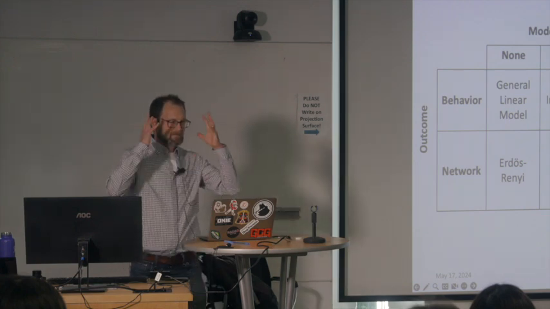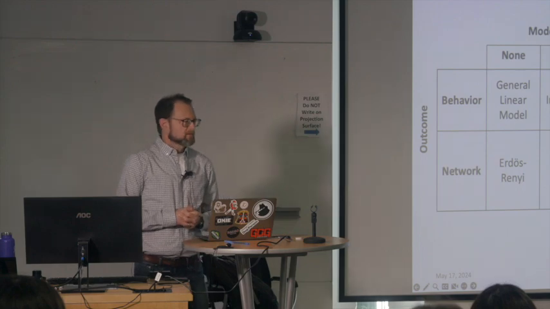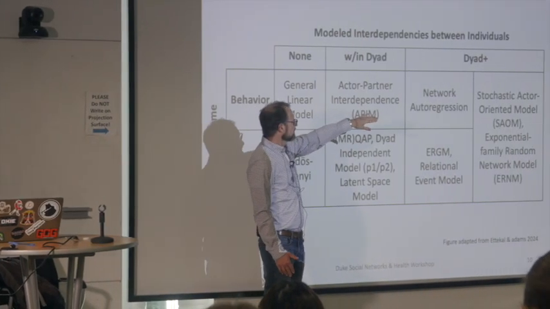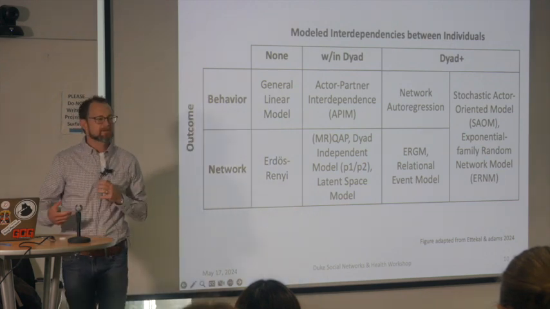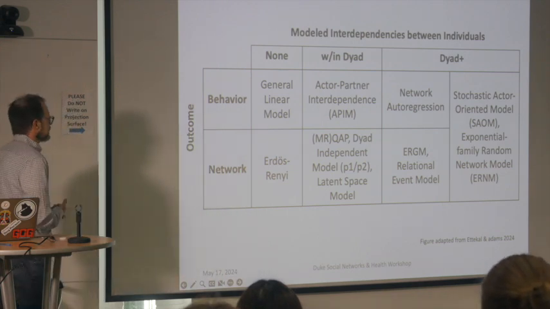Thinking about the different models you've talked about this week, we can think about network models on two levels. Are we using the network to explain some individual behavior, in which case we've got a series of models that we might want to use, varying in complexity depending on how much of the network structure we want to account for?